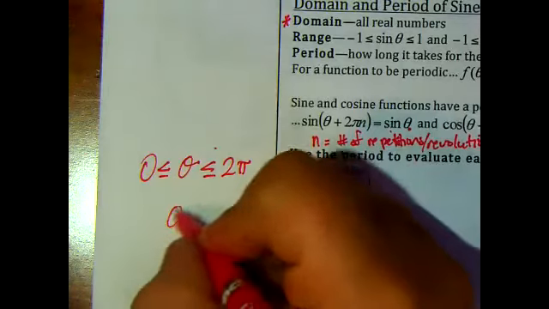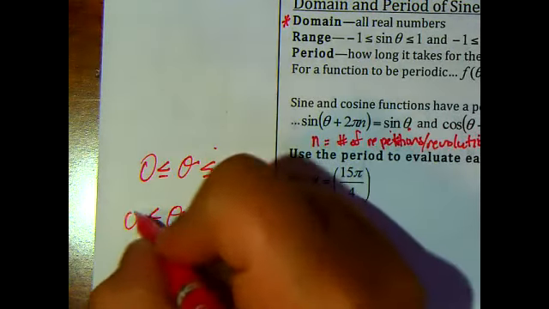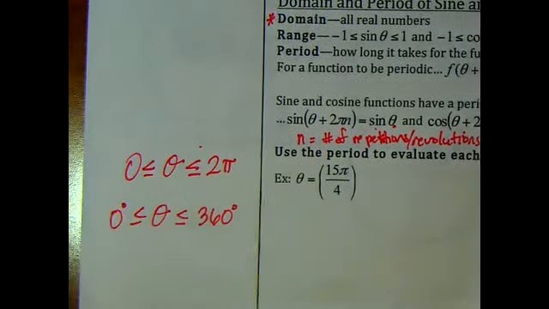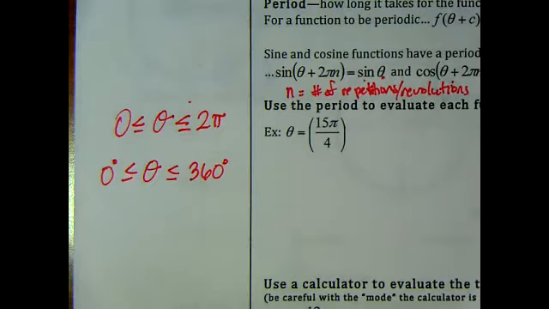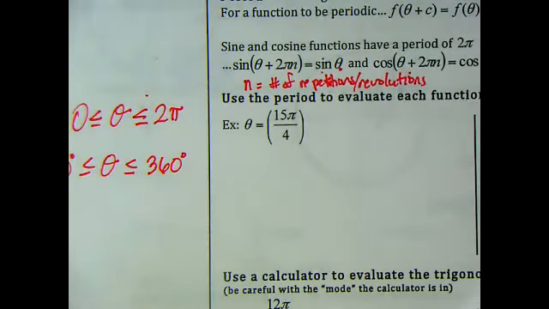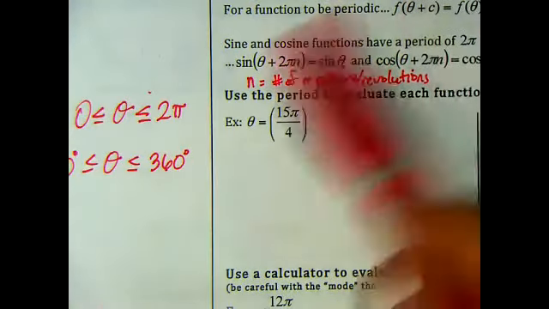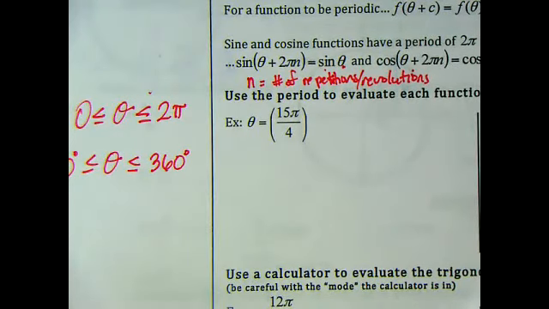And for degrees, between 0 and 360 degrees, so that we can easily evaluate it. This will be more important when we use our unit circle, because our unit circle is only between 0 and 2 pi, or 0 degrees and 360 degrees.